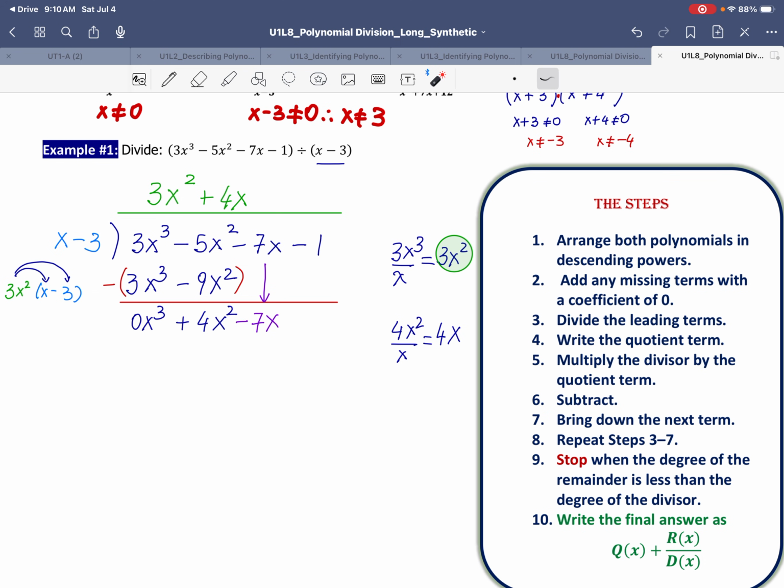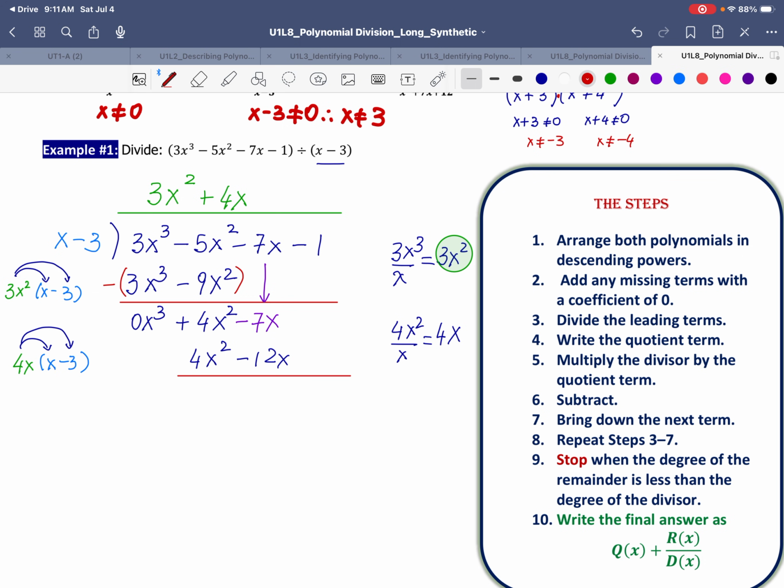Now 4x will be multiplied by x minus 3. Now we expand. 4x times x is 4x squared. And 4x times negative 3 is negative 12x. Going to draw a line in here again, and we will subtract this. Now, keep this inside the brackets because you're subtracting each and every term in here, so you don't have a single term, so we got to be careful.